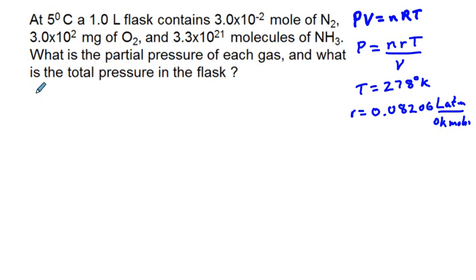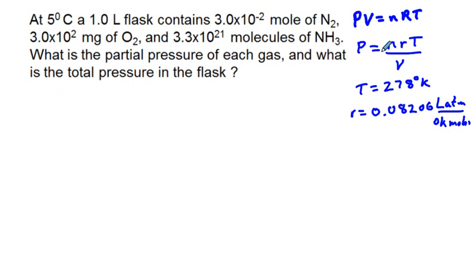Now let's go find the amount. It seems like the purpose of this exercise is to demonstrate that the elements in a sample of gas can be measured in different ways, in moles and in milligrams and in numbers of molecules.